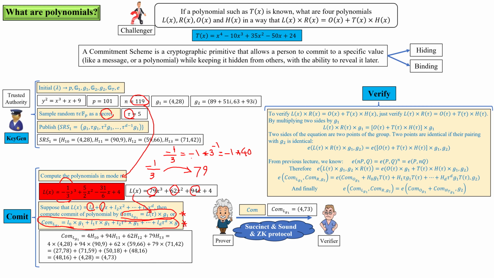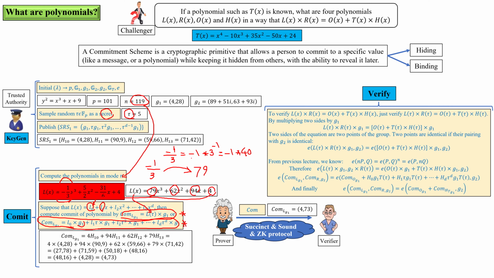So let's see how this happens. This value is L sub 0, and the commit formula says that L sub 0, which is 4, should be multiplied by G1.